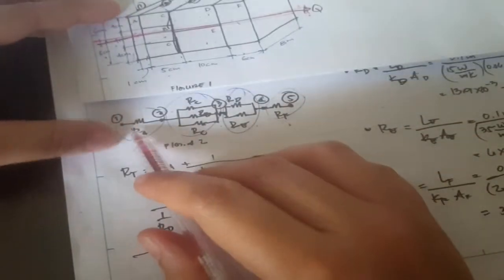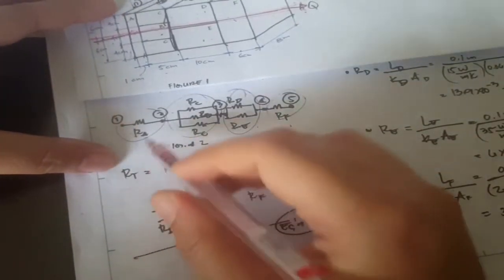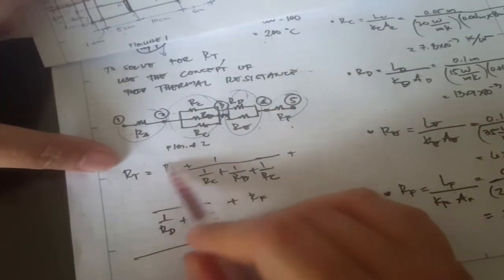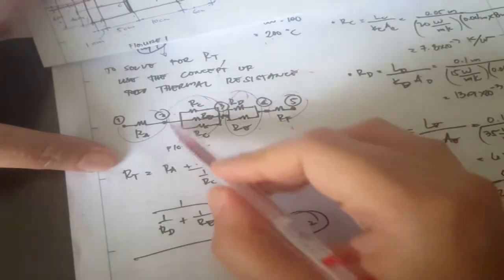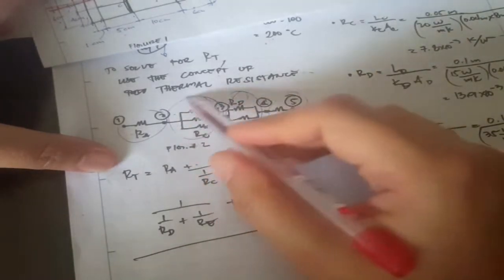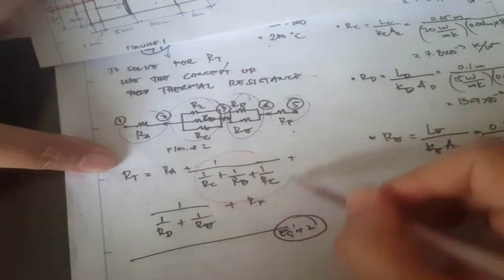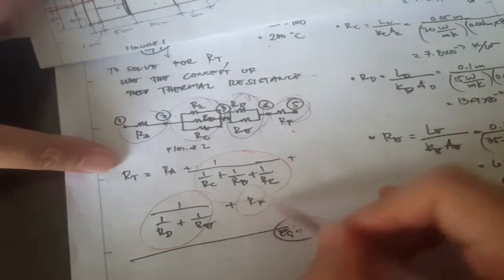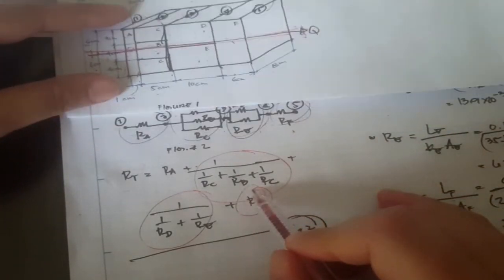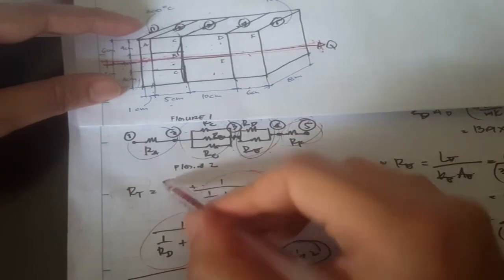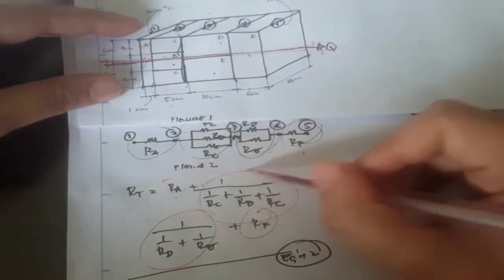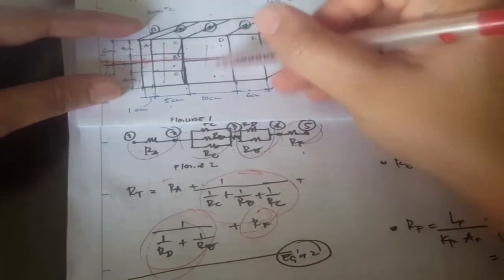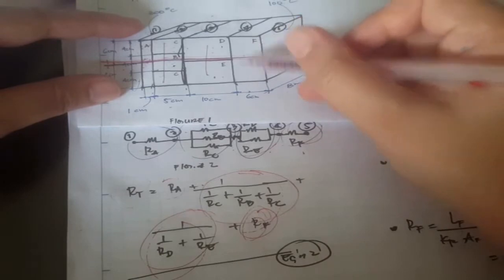If we compute the total resistance using this concept, we plot it as RA plus the total resistance of this part, this part, and finally this part. Referring to the figure, RA is this part, followed by the combination of these, and finally this part here is this one.